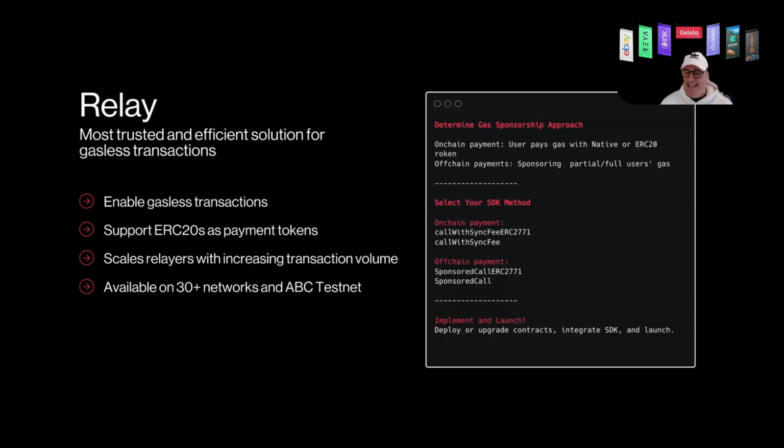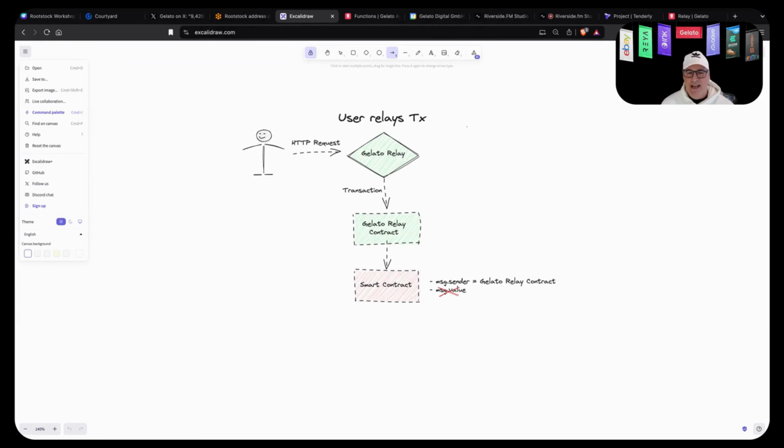We can scale as much as any customer may need. We have had from 1,000 transactions in an hour to 100,000 transactions in a day. We can scale infinitely with our systems. And we are already available on more than 30 networks.